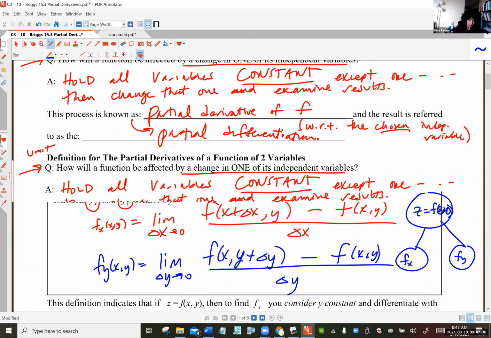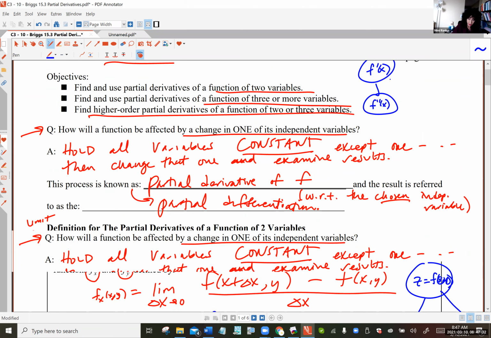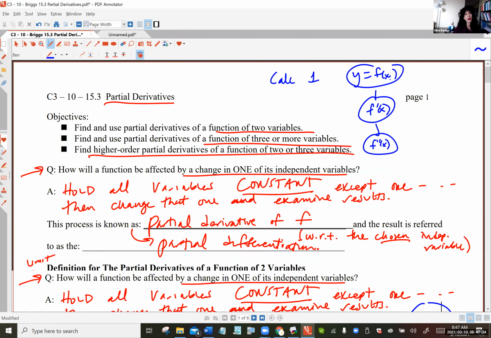So the key is going to be that, and if I were face to face with you, it'd be easier for me to gesticulate. But if you could kind of look at my face right now. For f_x, you're going to put on a special set of glasses that when you look through them, anything that is y, the variable y, will temporarily look constant to you, like it looks like a 2 or something like that.